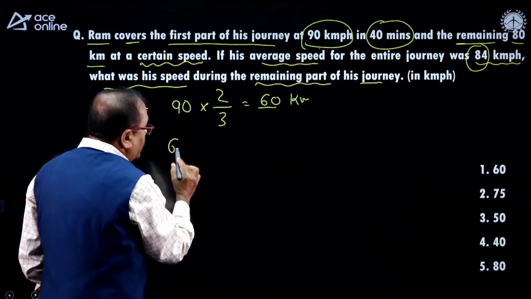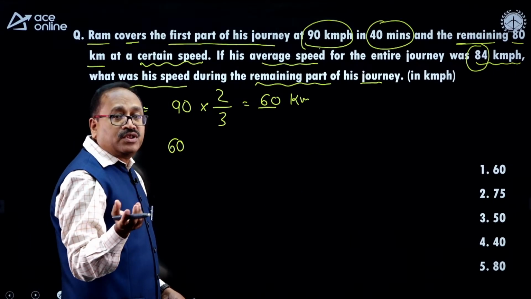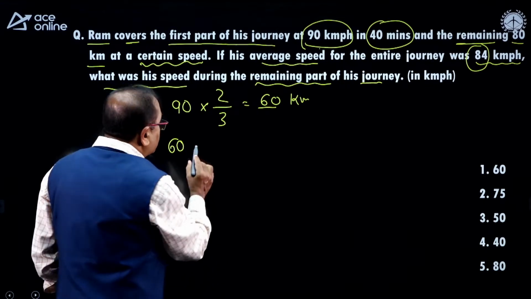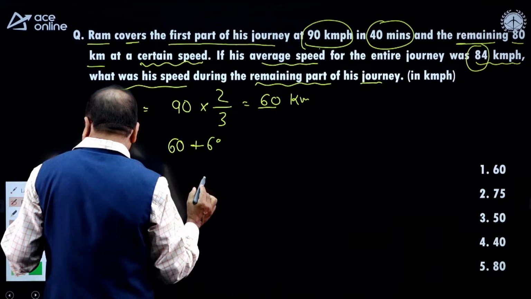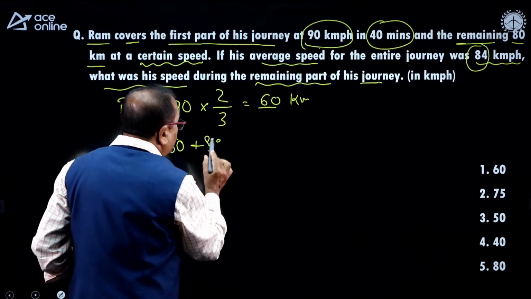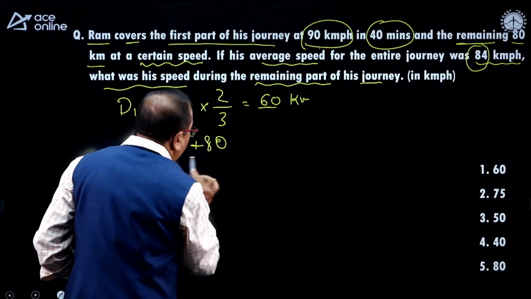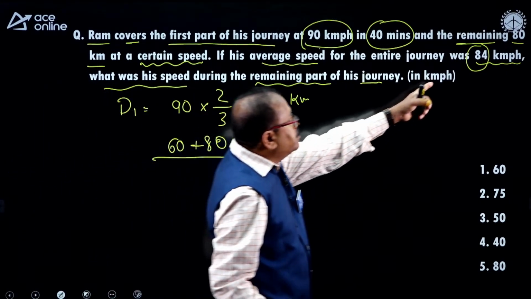For your clarification, I am writing 60 plus 80, or else we know that this is 140. So 60 plus 80 divided by, we know the average speed.